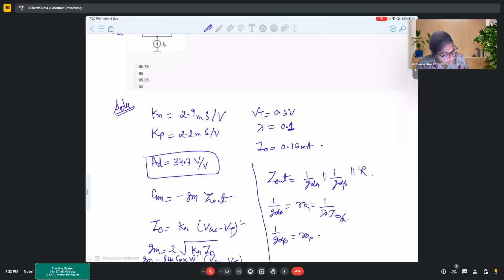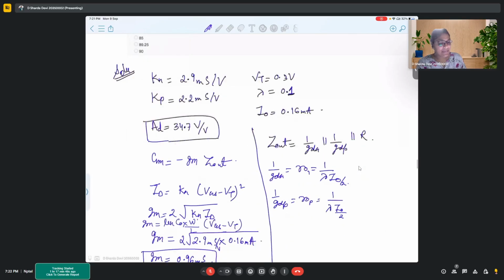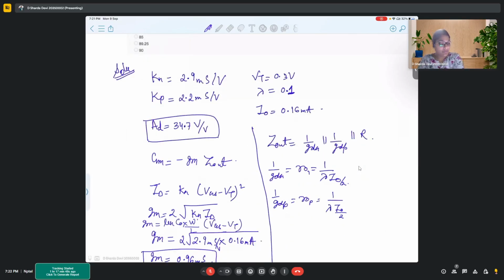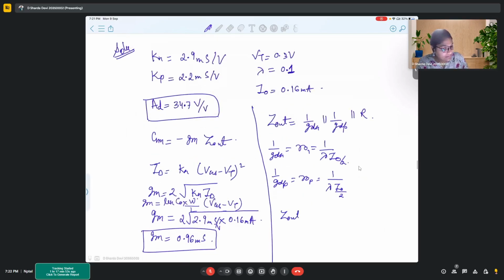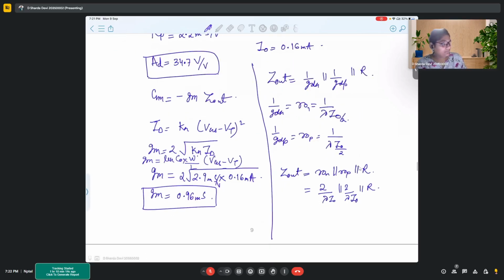This is N, this is P. So again, it is 1 by lambda I naught by 2, since we have the same lambda for both NMOS and PMOS transistors. So Z out is actually r naught N parallel r naught P parallel R. So that is 2 by lambda I naught parallel 2 by lambda I naught parallel R.